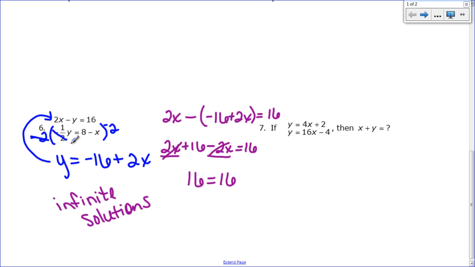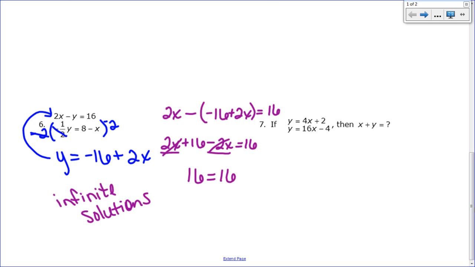So now let's look at number 7, because number 7 is a little different. It's super easy to deal with, but it asks us to do something that other problems haven't done. So it says if y is equal to 4x plus 2 and y is equal to 16x minus 4, then what is x plus y? So what they're asking us basically is solve this problem, find x and y, and then add them together.